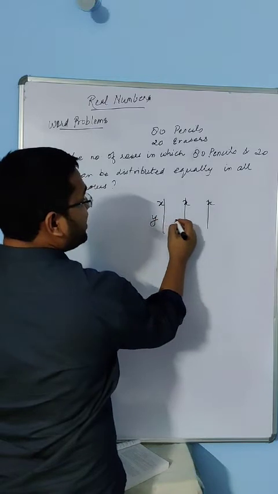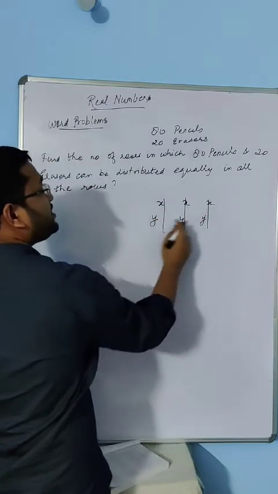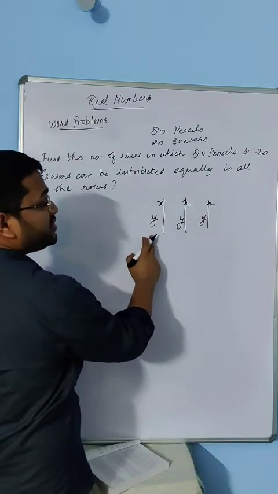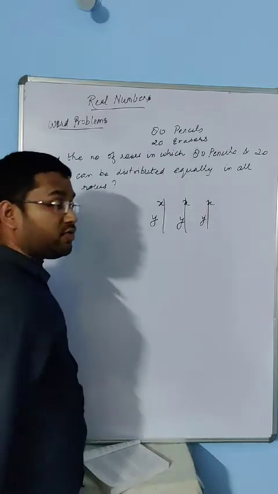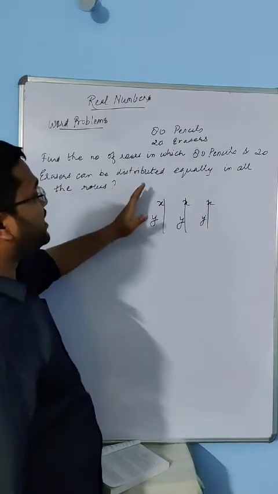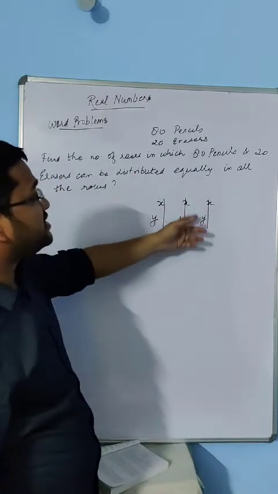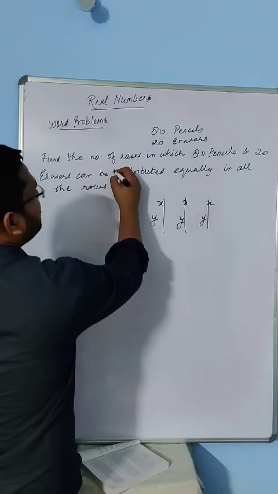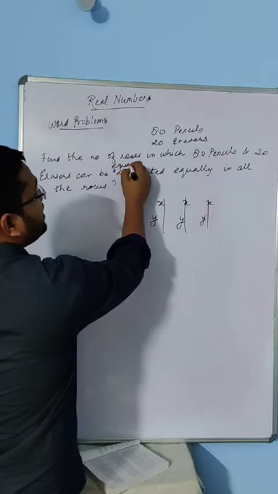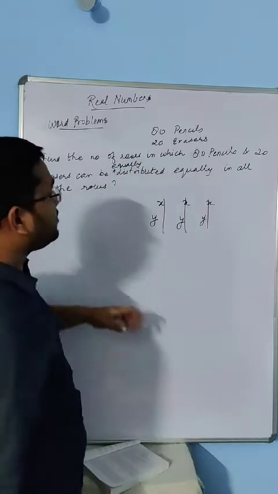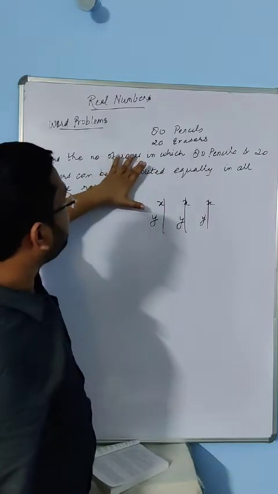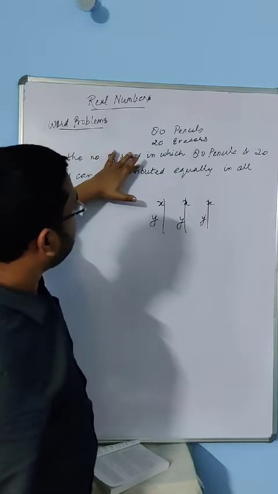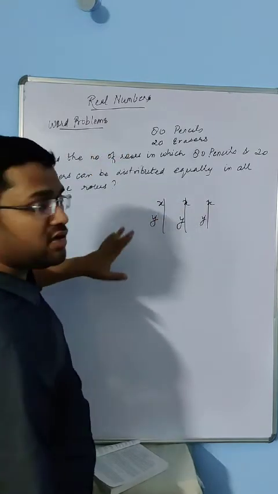If you have Y number of pencils, then Y number of pencils should be present in each of the rows. Now, you have to find the number of rows such that 80 pencils and 20 erasers can be distributed equally in all the rows.